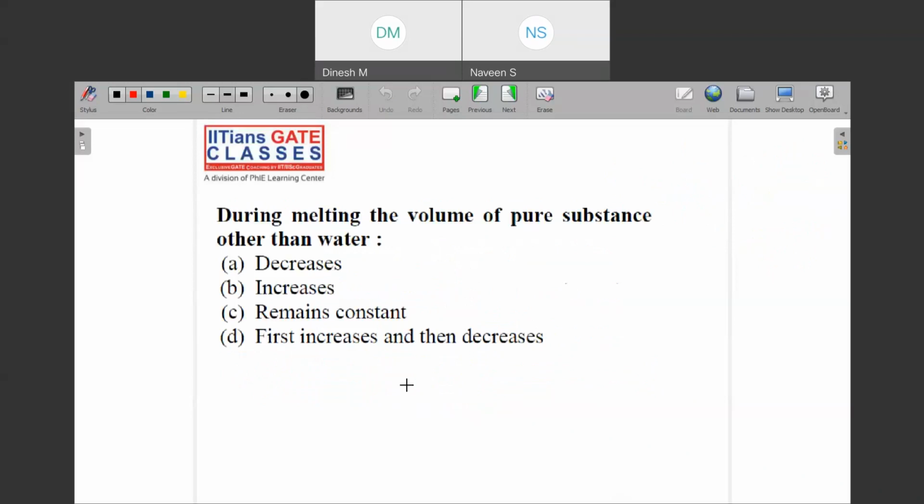Next option. During melting, the volume of a pure substance other than water, what happens? For other substances, what happened if you remember?